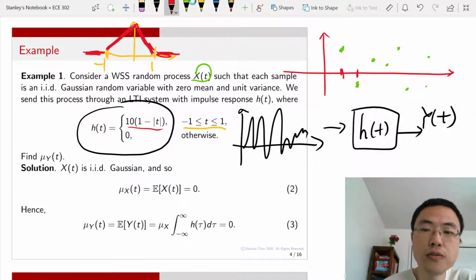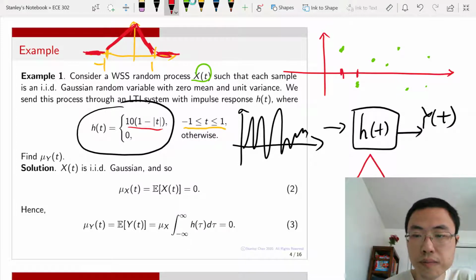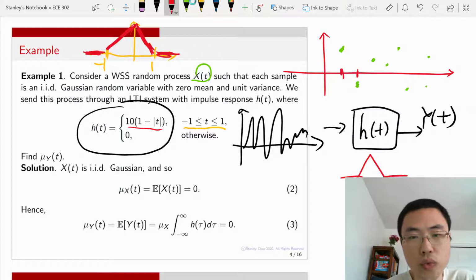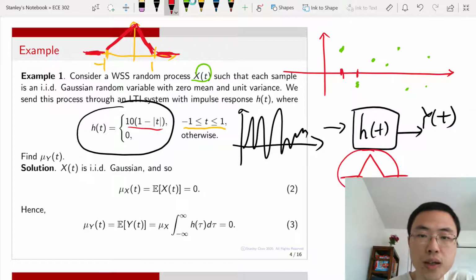Now with this triangle function, this is your impulse response. You send some IID Gaussian random process, which is essentially white noise, through this impulse response. What will be the output? Well, of course, this operation is doing some kind of averaging, because you say, here is my sample, I want to take the convolution.